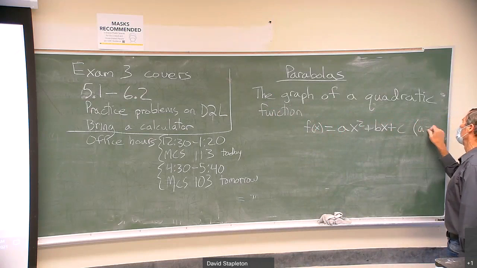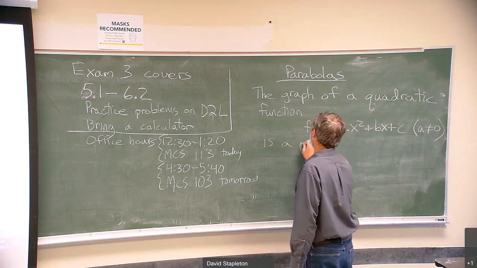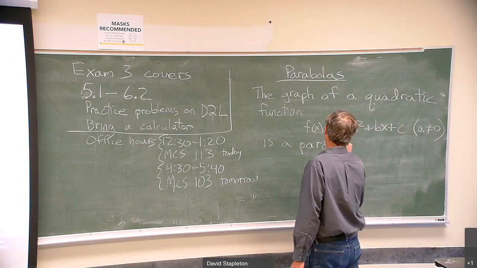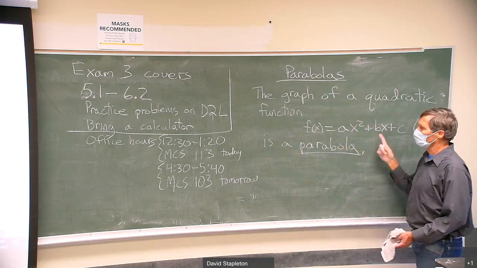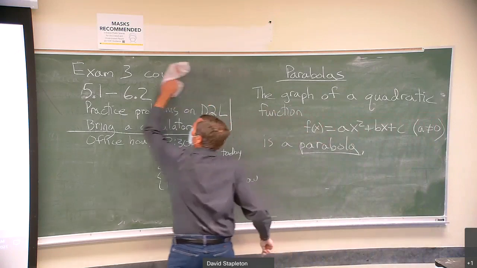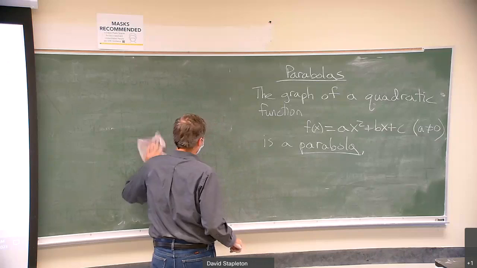The graph is a parabola. This is what it's called. And so these are very important functions. They come up in all sorts of applications in engineering and physics and lots of other things.